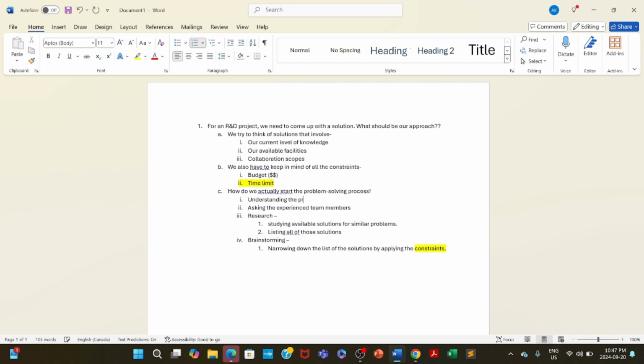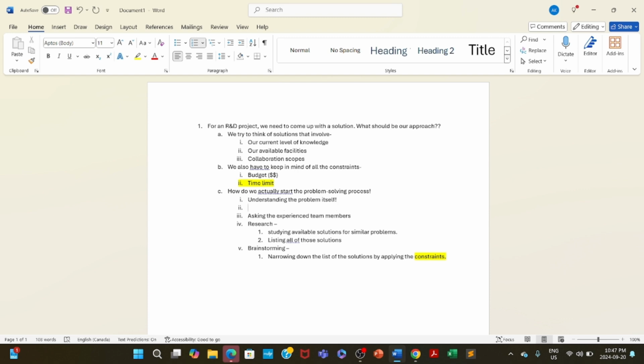Understanding the problem itself would be the fundamental, first step, and it's also important to know about applying root cause analysis.